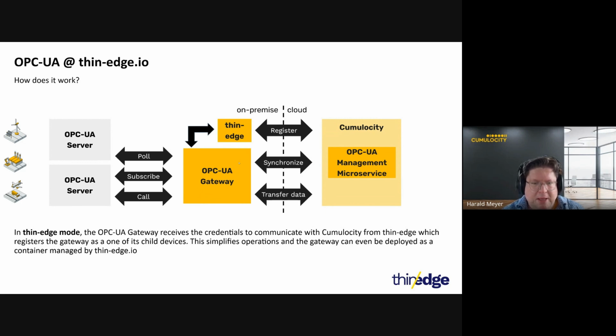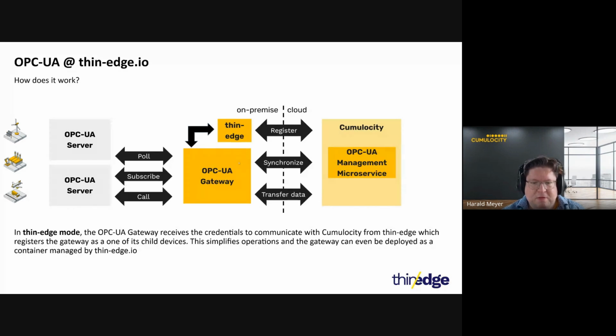And one thing that we already support, besides this standalone mode, is what we call the thin-edge mode. So instead of doing the initial bootstrap and registration itself using Cumulocity, the OPC UA gateway in this mode uses a thin-edge to which it is connected already. So both thin-edge and OPC UA gateway are running locally on premise. And now the OPC UA gateway, instead of going through the Cumulocity registration process, gets the credentials to connect with Cumulocity from thin-edge.